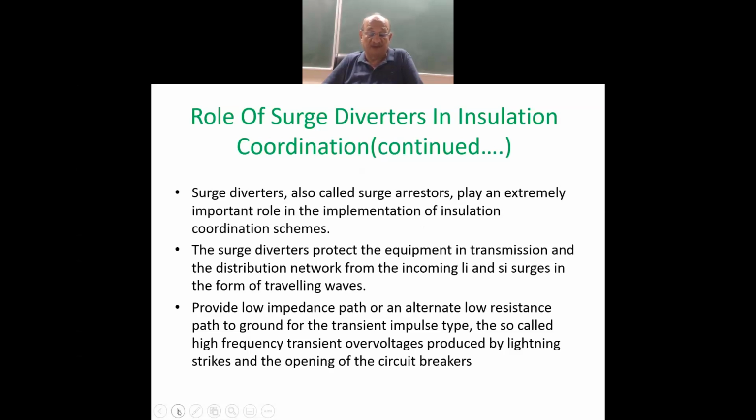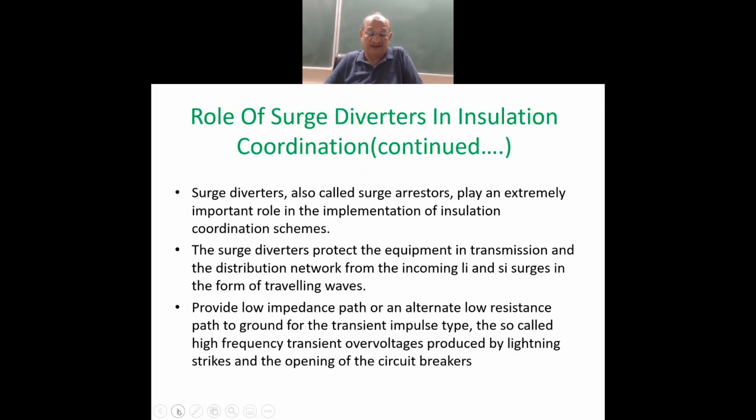Yeah, we have also learned that the surge diverters provide a low impedance path, or an alternate low resistance path, to ground for the transient impulse type voltages, that is the short duration pulse, and the so-called high frequency transient overvoltages, what some people have called it.